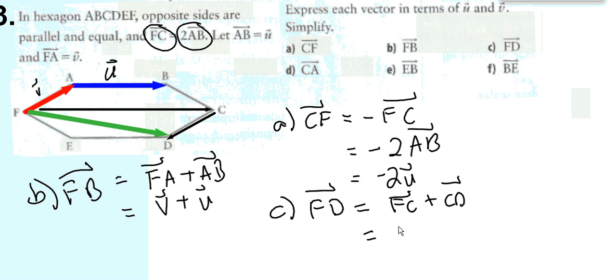So FC we already know is equal to 2AB. And CD we are told is, well, we're going to write it's the opposite of DC. Okay, here we go. CD is the opposite of DC.